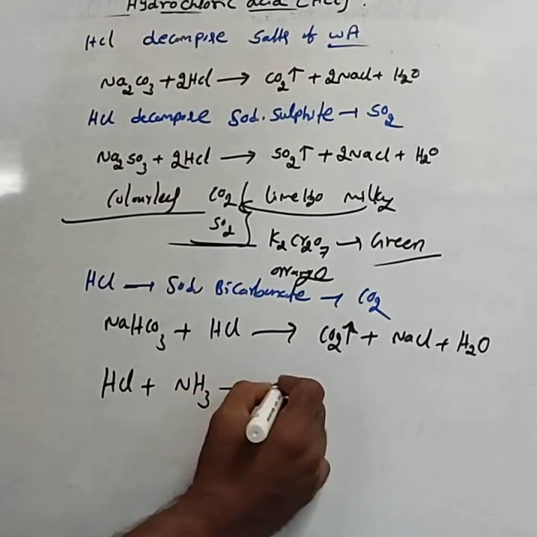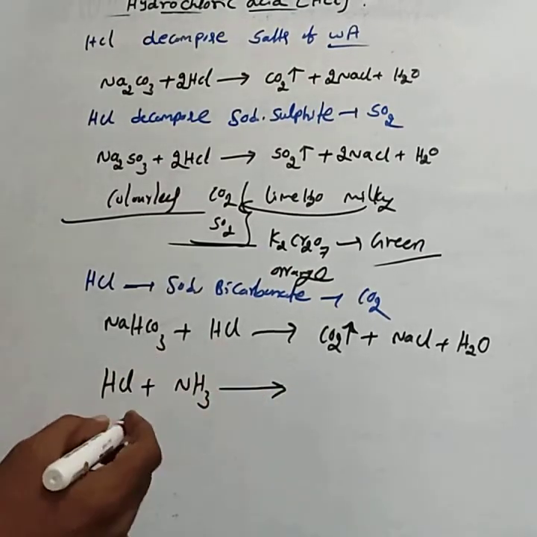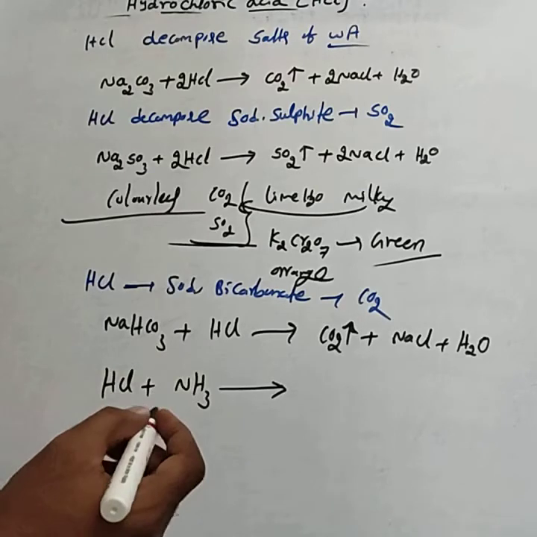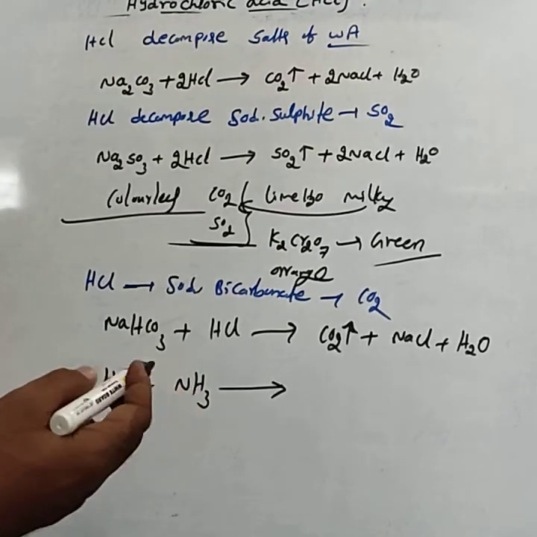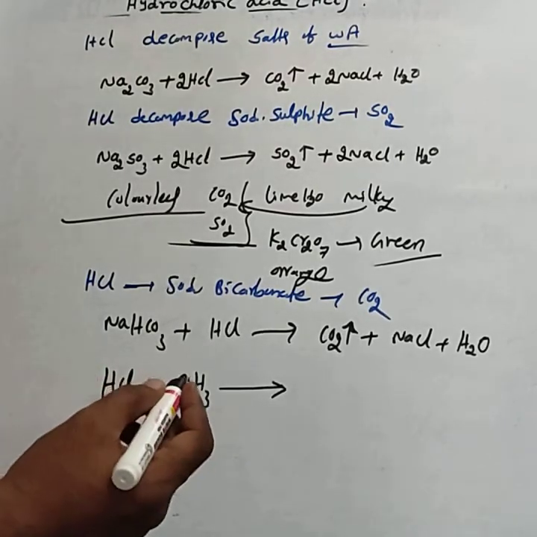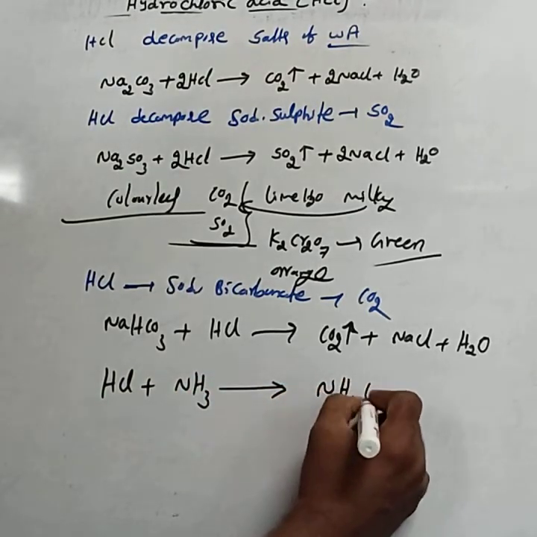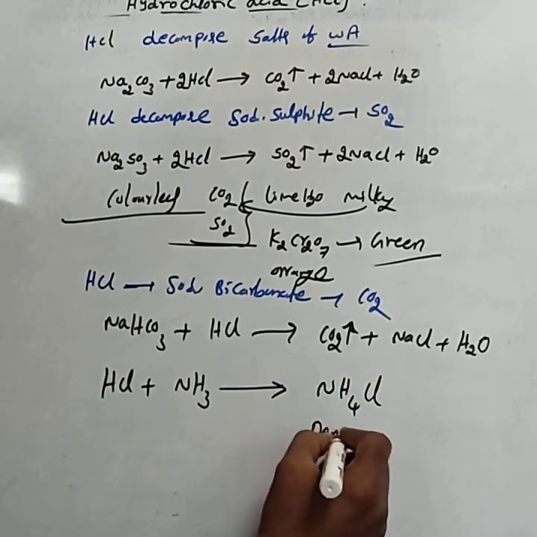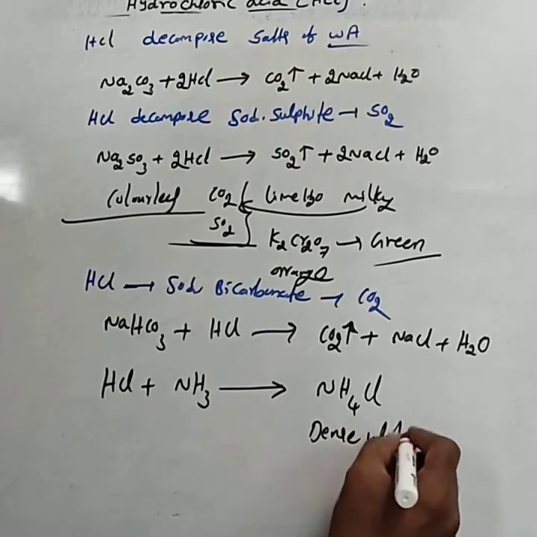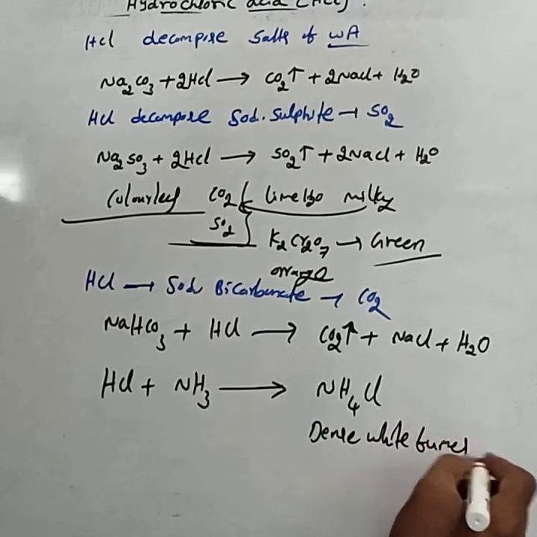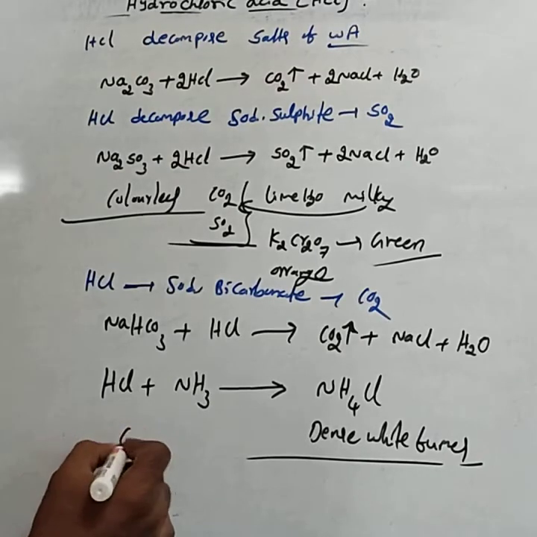HCl is an acid. If it reacts with a base like ammonia, you get dense white fumes. Those dense white fumes are due to the formation of ammonium chloride. This is used in the detection of the chloride radical.